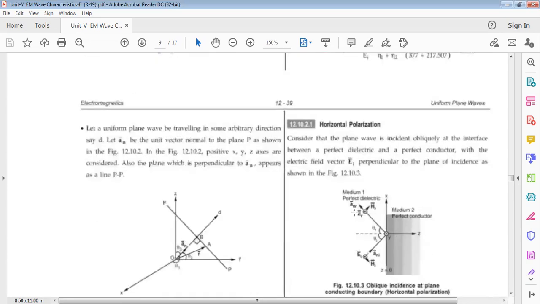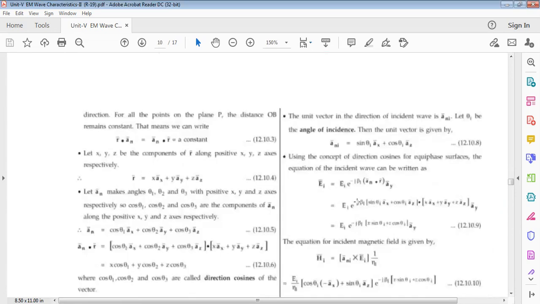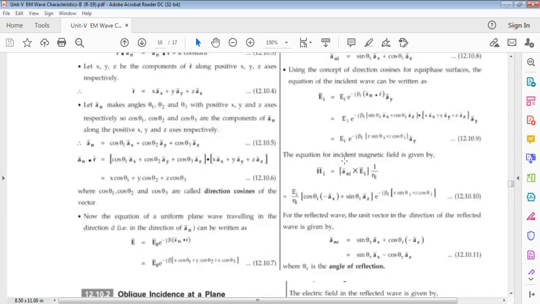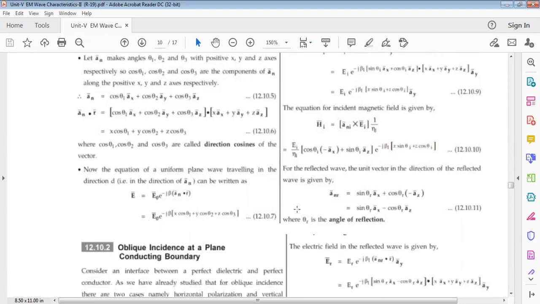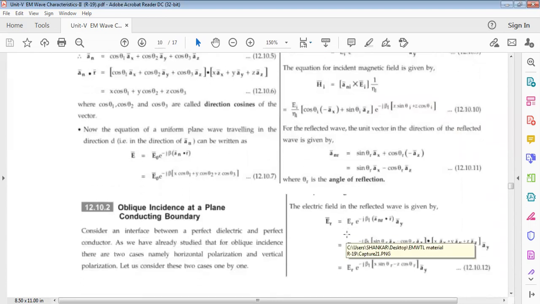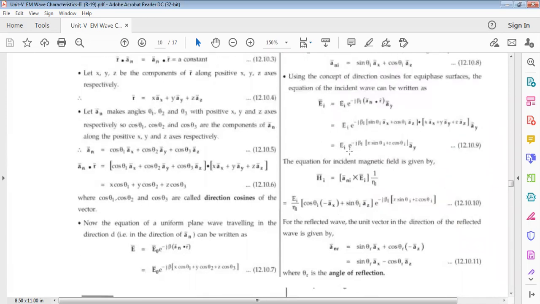The horizontal polarization. In these equations, one right angle triangle we are assuming, and another right angle triangle we are assuming is reflected. We find EI bar and ER bar. EI bar is equal to EI into e power minus j beta 1 x sine theta I plus z cos theta I, AY bar.